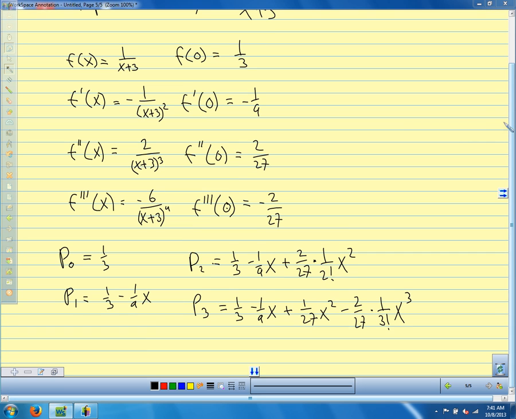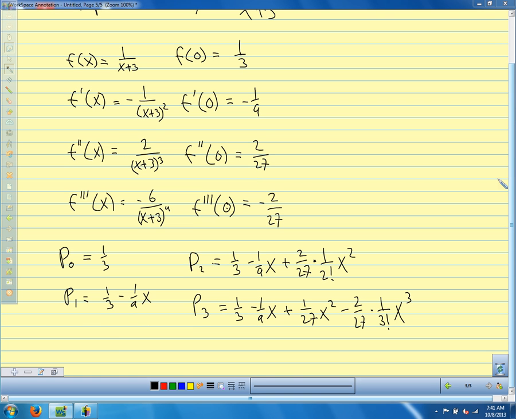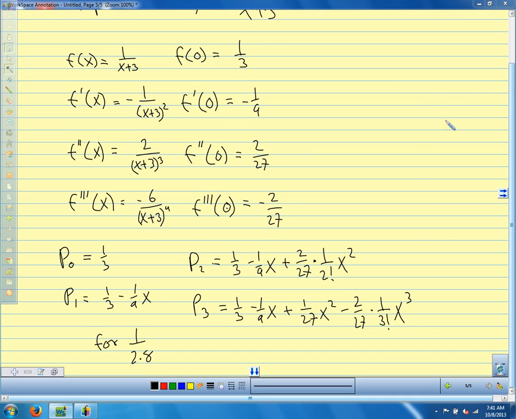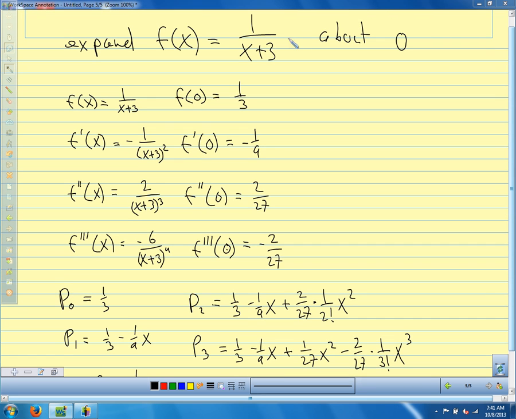So this is 1 over x plus 3, expanded about x equals 0. Rather than the x minus terms, I just have the x terms. And to approximate 1 over 2.8 for this function, what would I let x equal? If I want to approximate 1 over 2.8 with this, what would x equal? 0.